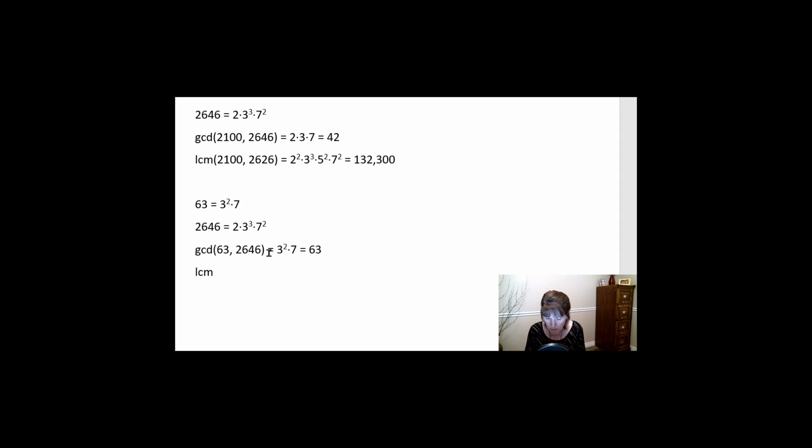So the least common multiple of 63 and 2646. And here we take the greatest number. So the greatest number of 2s is 1. The greatest number of 3s, there are 3 of them. The greatest number of 7s, there are 2 of them.